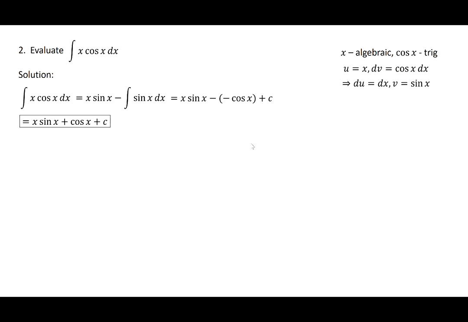Cool? That's the idea. Are you beginning to get a hang of this one? So all this is integration by parts, uv minus the integral of v du. Figure out what to make u and what to make dv, use the mnemonic, and you will be in good shape.